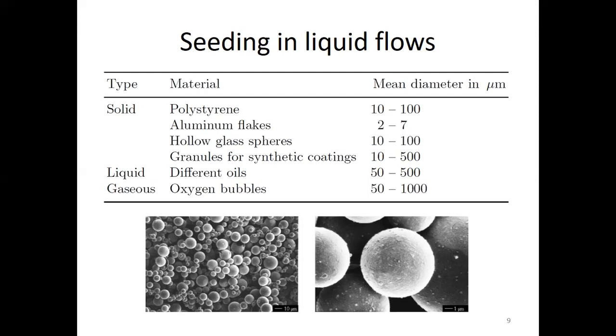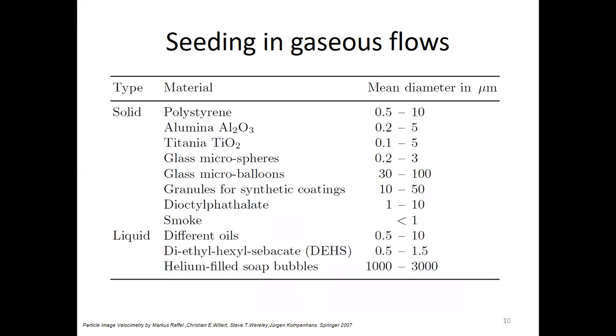It's like the air standard approach. But oxygen bubbles can really be quite big, up to a millimeter. So that's if you talk about liquid flows, when we really care about small scales, when we really care about transient things.